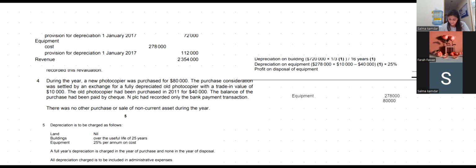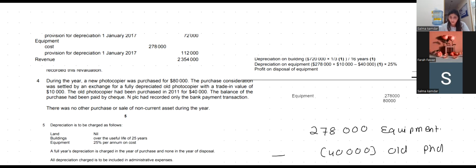So from this 278,000 of equipment that you had on the first date, you have sold one old photocopier that was for how much? 40,000.